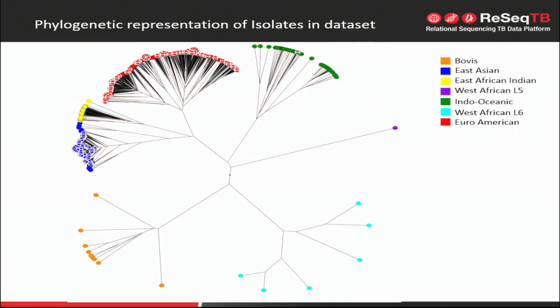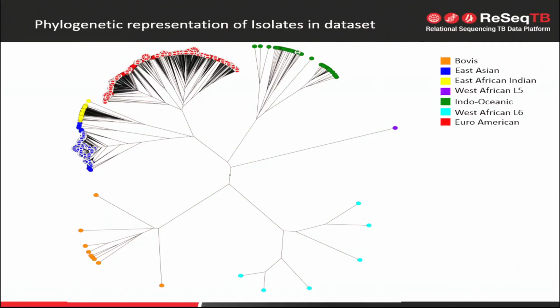Going from about 7 o'clock is your bovis, then you have your East Asian in blue, yellow is East African, India, red is your Euro-American, then you come over to your Indo-Oceanic. We have 1 West African L5 in this data set, and a couple of L6s. So this is showing the phylogenetic diversity within that collection.